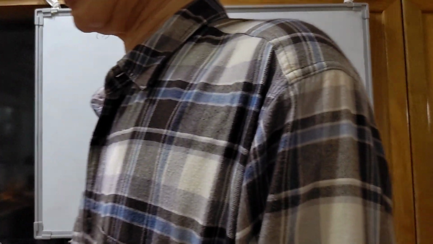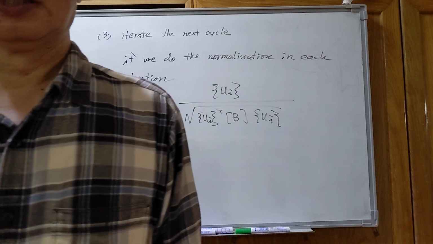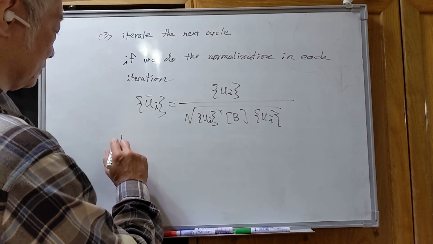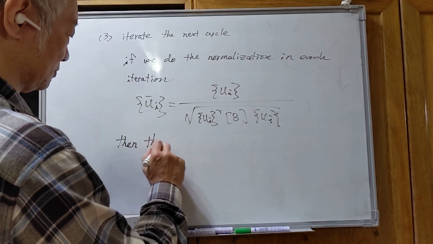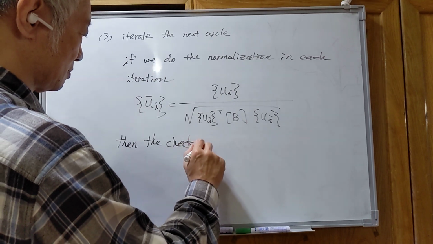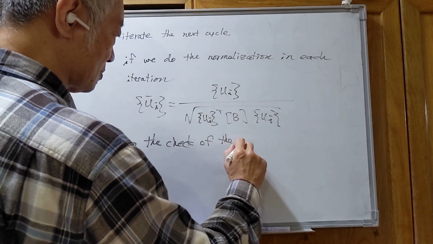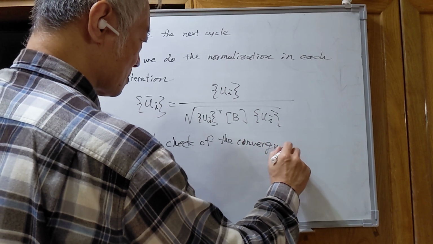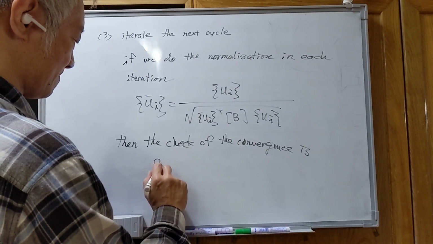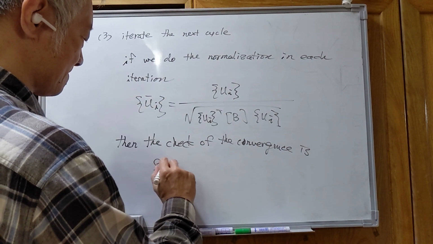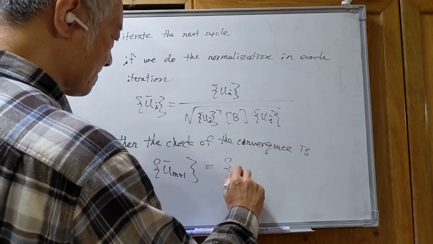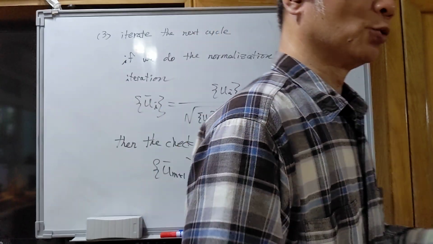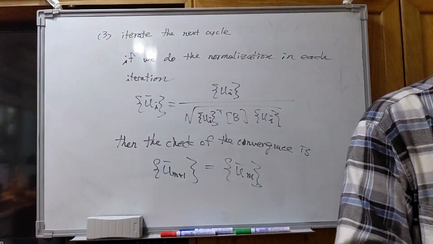If we do the normalization in each iteration, then you don't need to check whether these two vectors are parallel to each other.